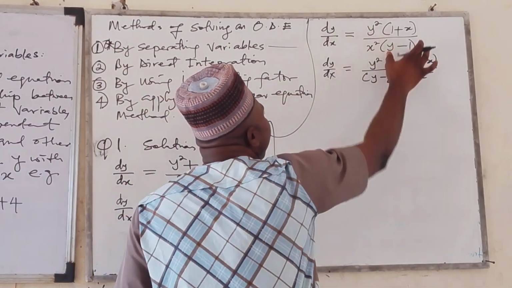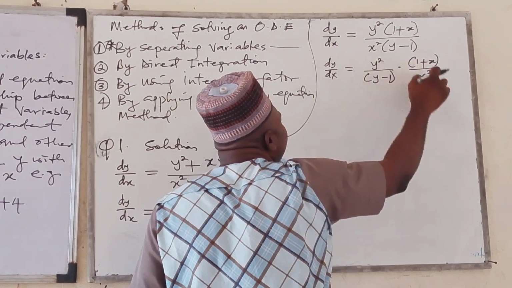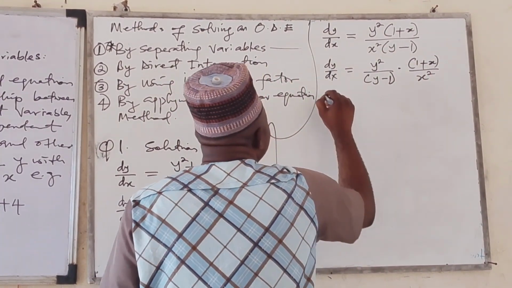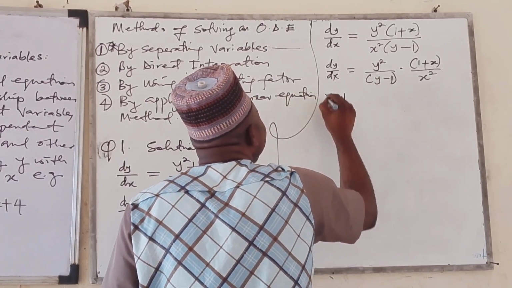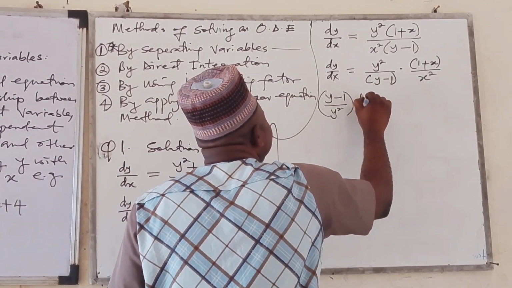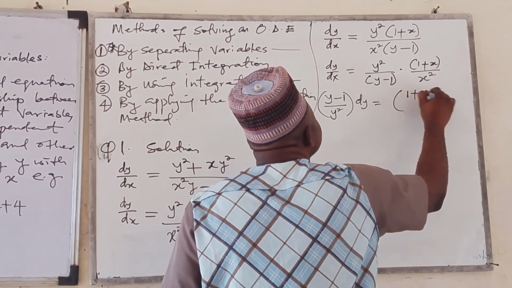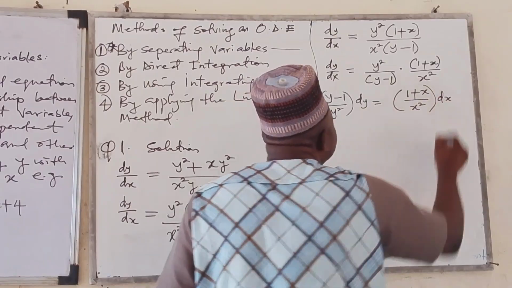Look at y squared all over y minus 1 times x plus 1 all over x squared. Now, it therefore means that (y minus 1) all over y squared dy is equal to (1 plus x) all over x squared dx.